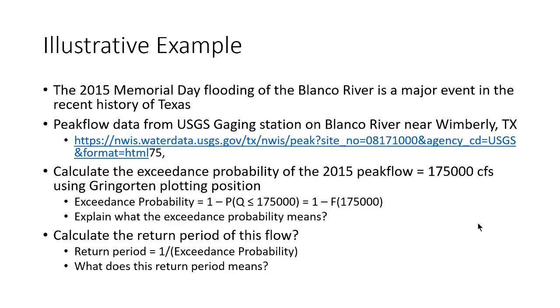In recent times, in 2015, there was a major flash flooding event that happened right around Memorial Day. This, I think, was May 25th. We had a huge flooding event, and as you know, the Blanco River is in Texas Hill Country, so there was unusually high rainfall that year, particularly in the early part of May, that saturated the soils.